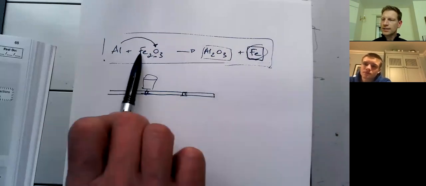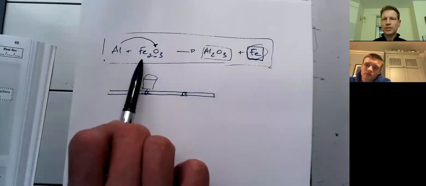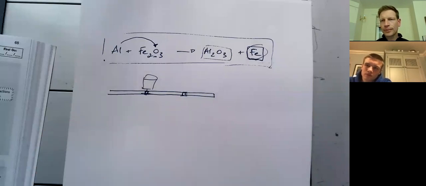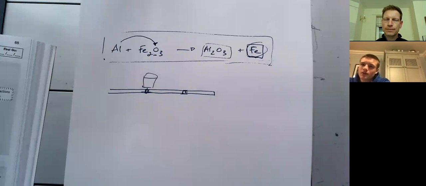So why is aluminium able to do that to iron? Because there isn't that strong a bond between iron and oxygen compared to if it was aluminium and oxygen.